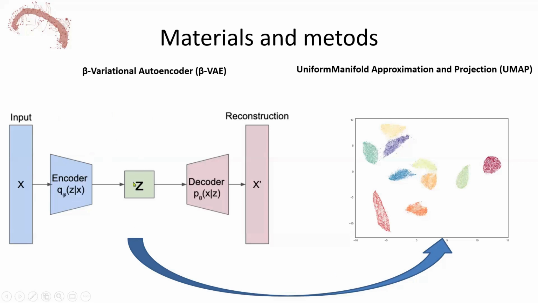And then the variability of these vectors was visualized using one of the best dimensional reduction approaches, which is called uniform manifold approximation and projection.